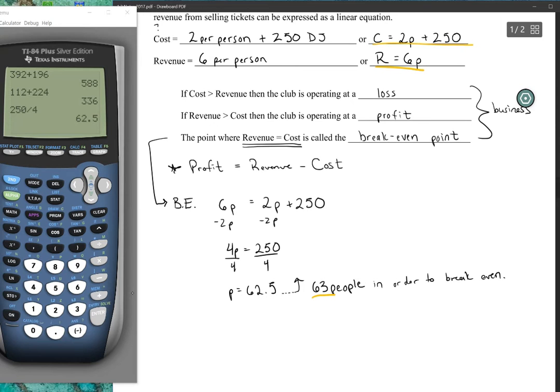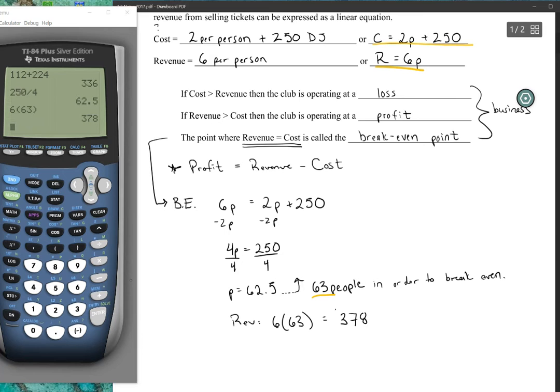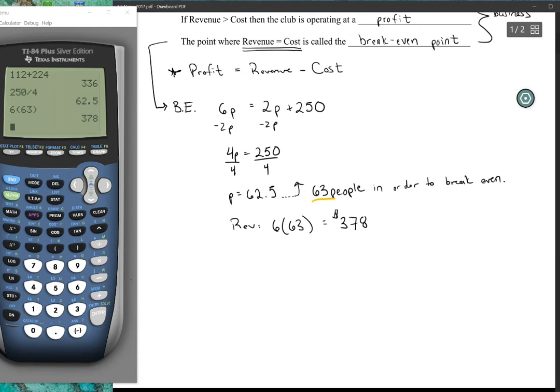So let's see, the revenue at 63, 6 times 63, we now know that the amount is about $378 that they'll break even. $378 to break even.